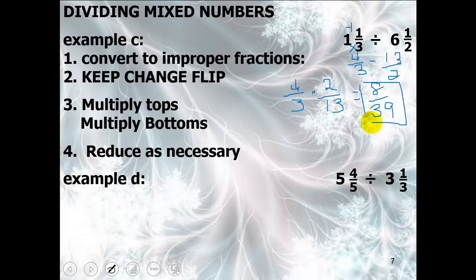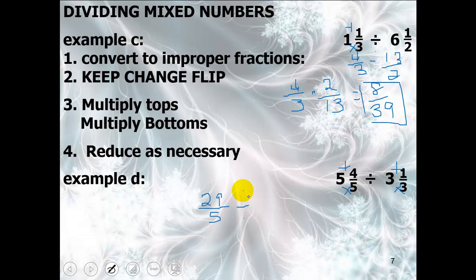If you'd like to hit pause, you can do example D and then come back and see how I do it. Welcome back. All right, here we go. I'm going to convert. So I have 5 times 5 plus 4. 5 times 5 is 25 plus 4 is 29 over 5. 3 times 3 is 9 plus 1 is 10.